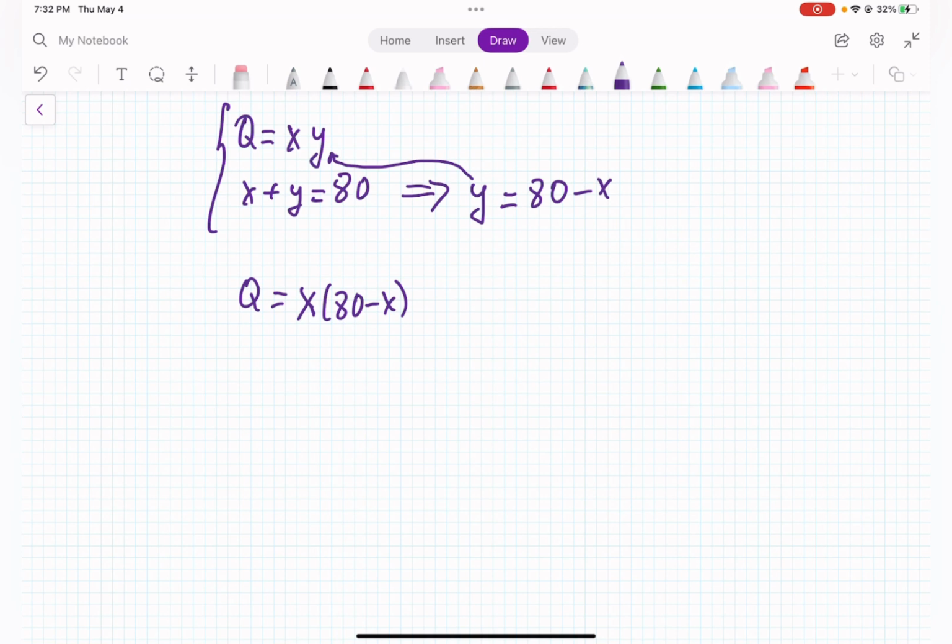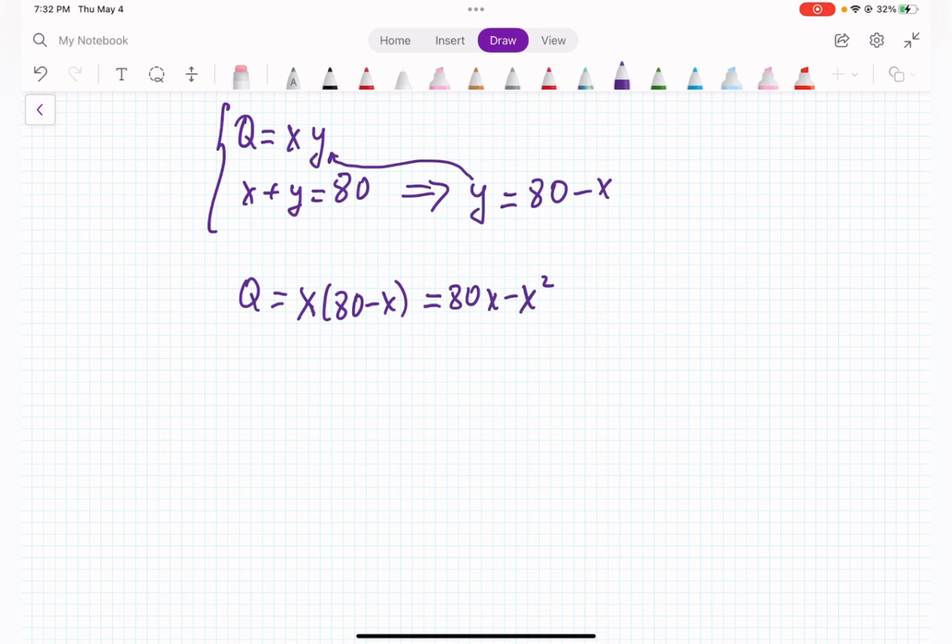So substituting y, I get x times (80 minus x), which is 80x minus x squared.